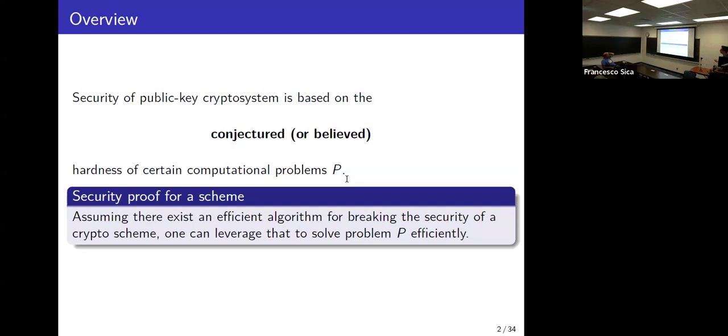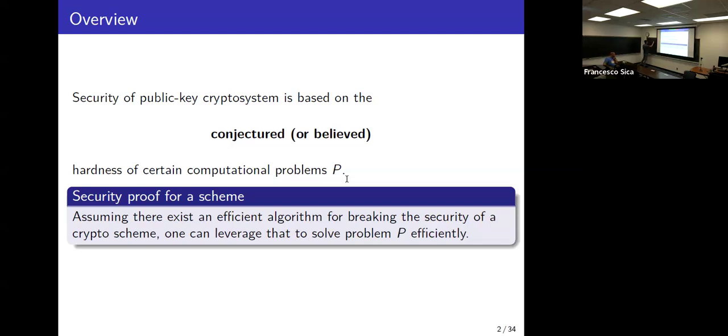That shows that the encryption scheme you are considering is no weaker than the underlying mathematical problem. The way we write this is to say there's a problem P, the underlying math problem, which reduces to, and that's just the symbol which is popular in this area, some scheme.